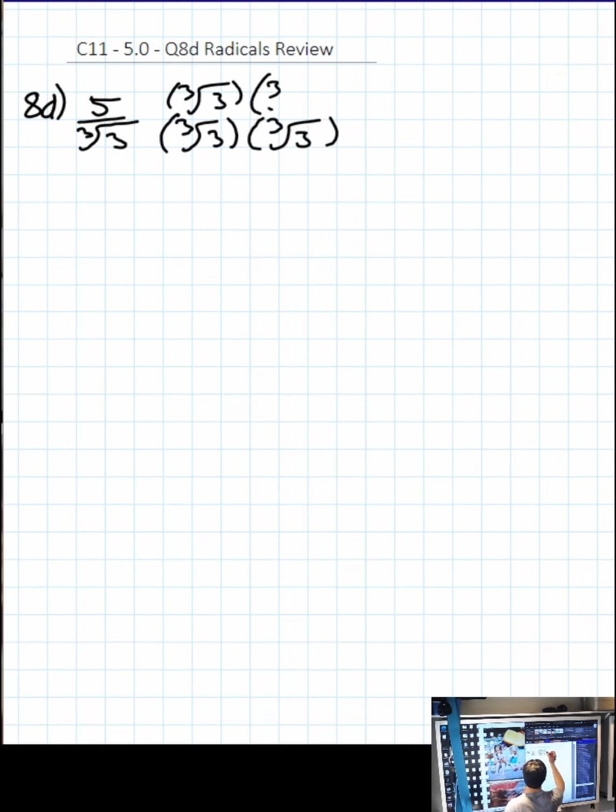So again, remember, if it's a cube root, we have to multiply the top and the bottom by the cube root twice. So on the top, 5 times cube root 3 times cube root 3 is simply 5 cube root 9, which we can't simplify, over cube root 3 times cube root 3 times cube root 3 is just 3. Great, let's circle our answer.